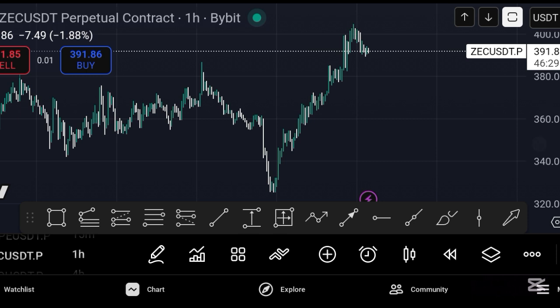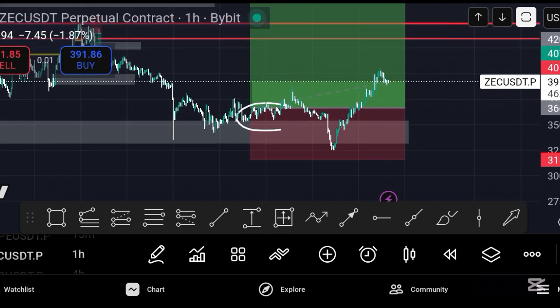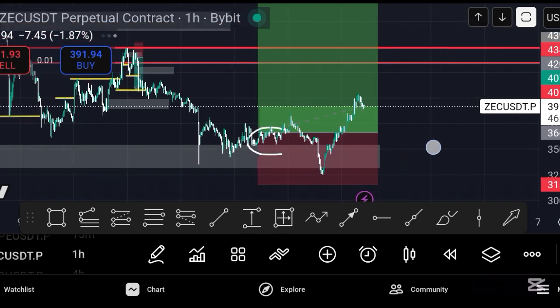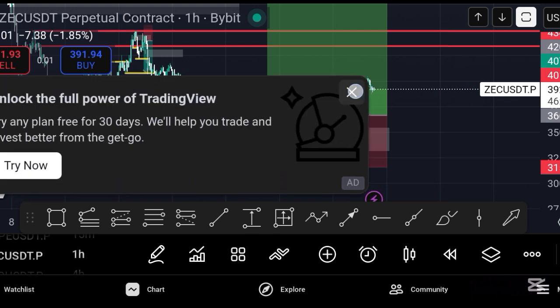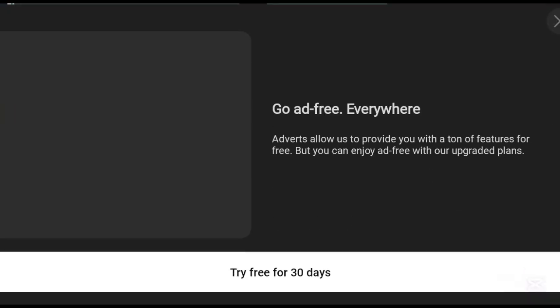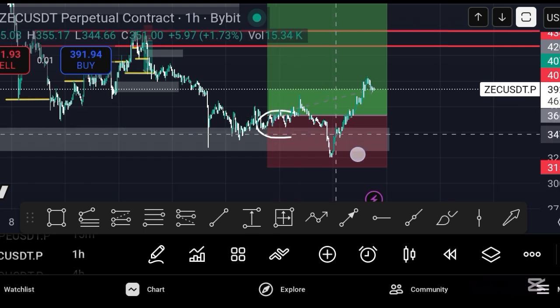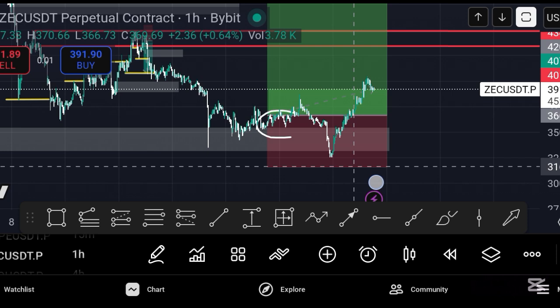Based on my entry model, because I do like giving breathing space for my stop loss in case price wants to manipulate or grab liquidity, so it won't stop me out. So this is what the trade is actually looking like. Entered around this place, and price wanted to stop us out at around this level, but I put my stop loss at around 1316.